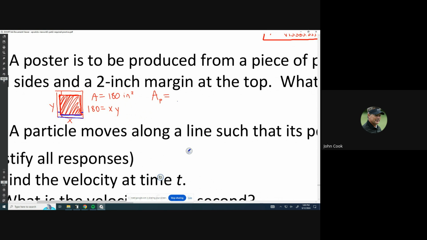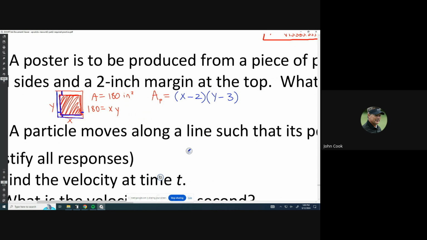So the area is going to depend on the base, which is X minus 2, times the height. And the height is going to be Y, minus this 2-inch margin and this 1-inch margin down here. So it's going to be Y minus 3.